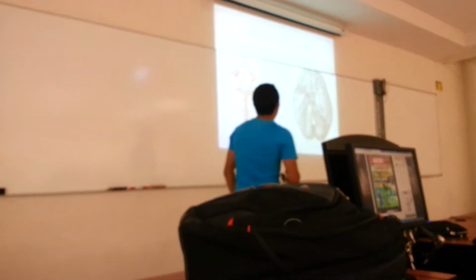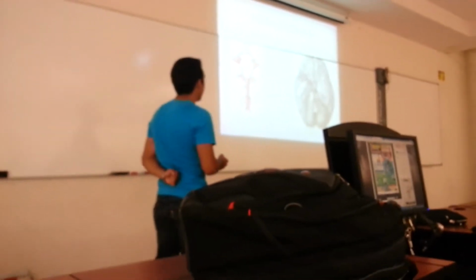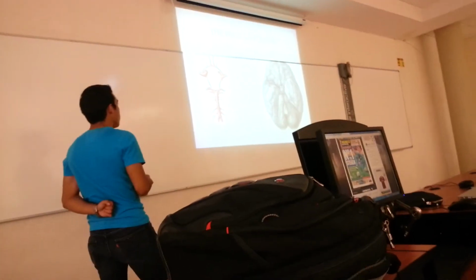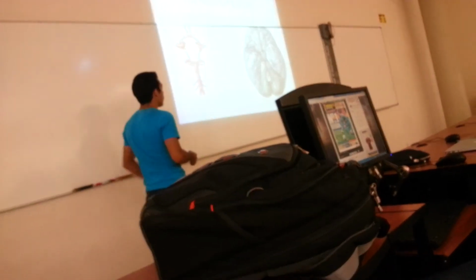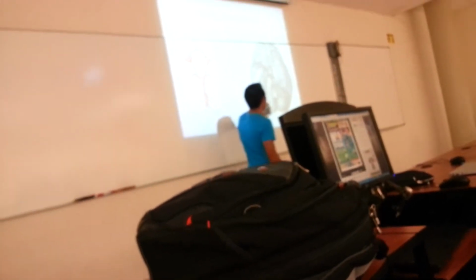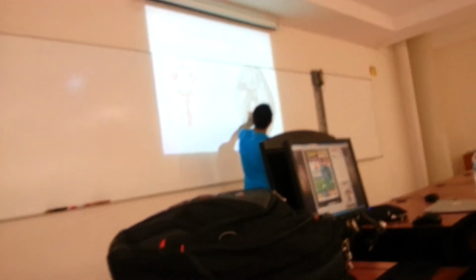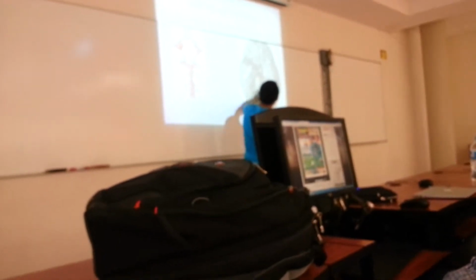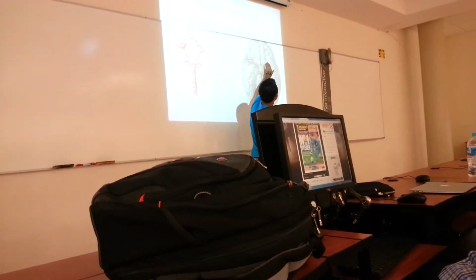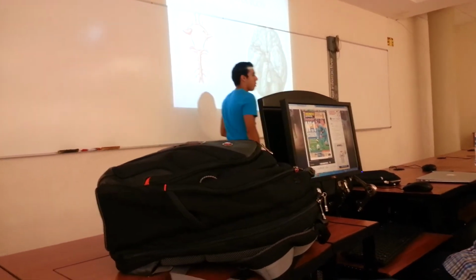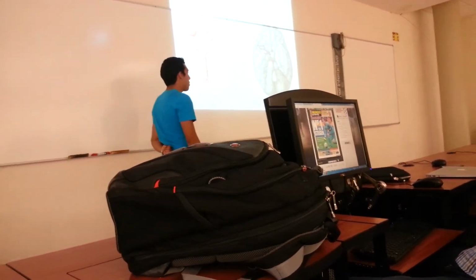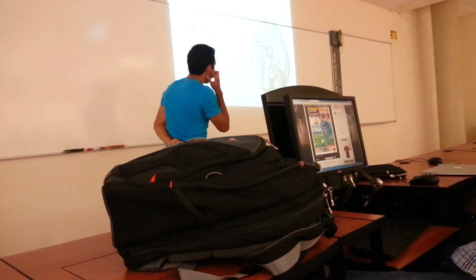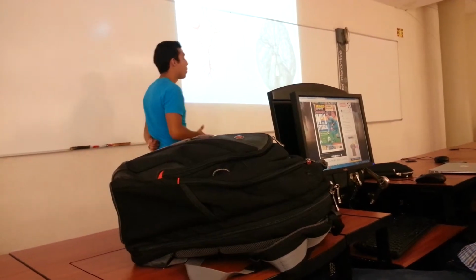Well, in medicine, we study a special structure of the head and the brain that is called the Willis polygon. This structure is located in the base of the brain, on the bottom, and it has a lot of branches that are going to irrigate different parts of the brain. So when we have a traumatism, it is very probable that one of those arteries is going to be blocked or broken.